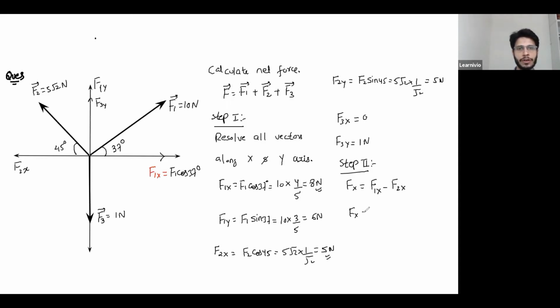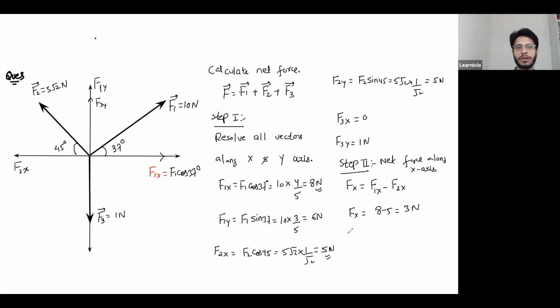So force along x-axis is 8 minus 5, which is 3. This is Fx, which is 8 minus 5 equal to 3 Newton.